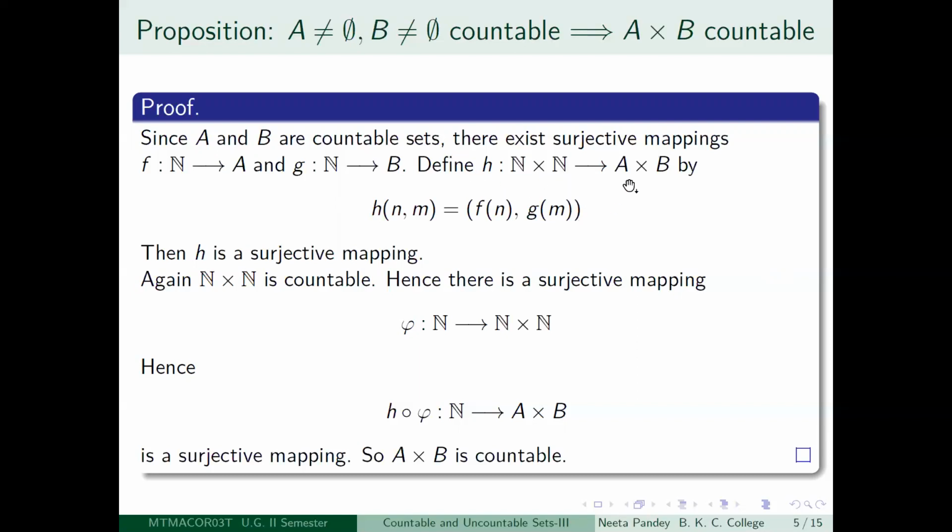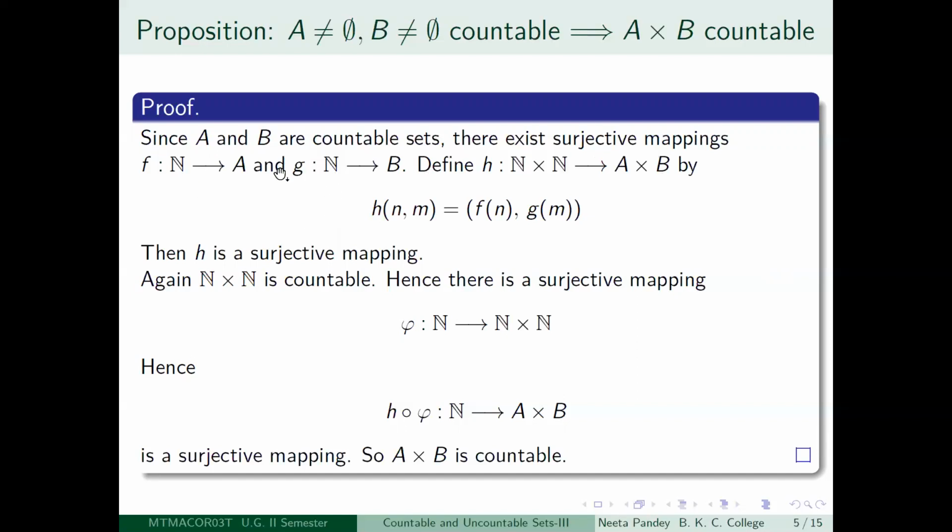And how are you going to prove that? The way you prove that a map is surjective: take any element in A cross B. It would look like a pair (x, y), where x is in A and y is in B. Now, since x belongs to A, you will be able to get a positive integer n, say, so that f(n) is equal to x.